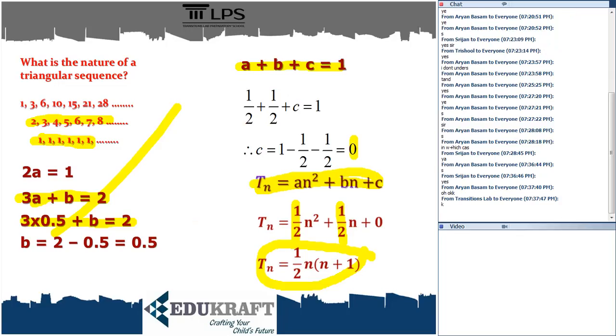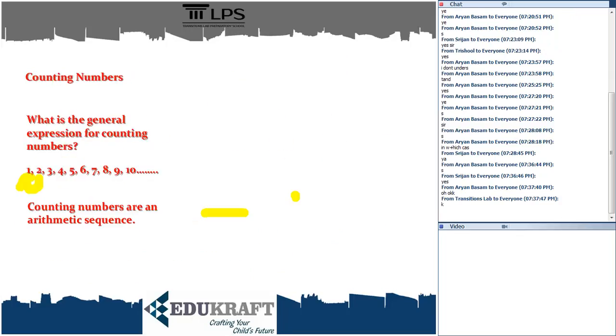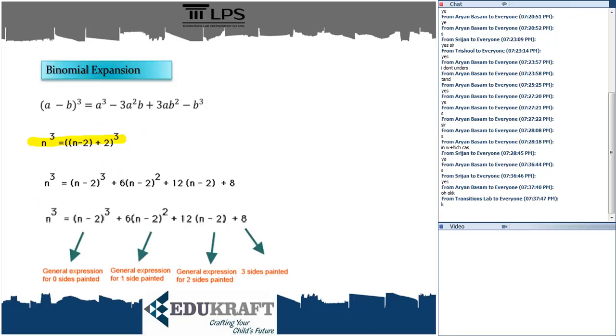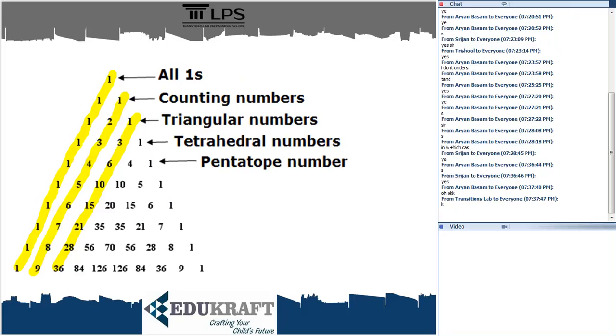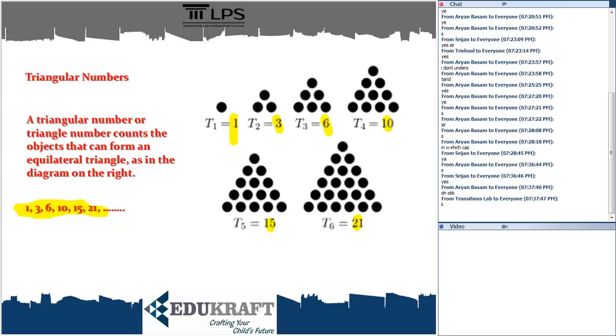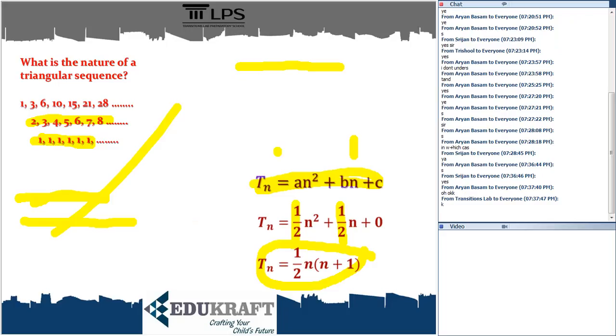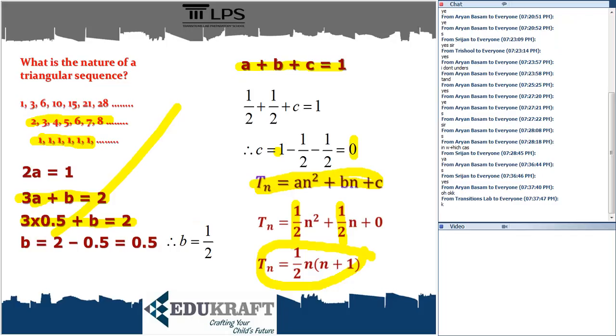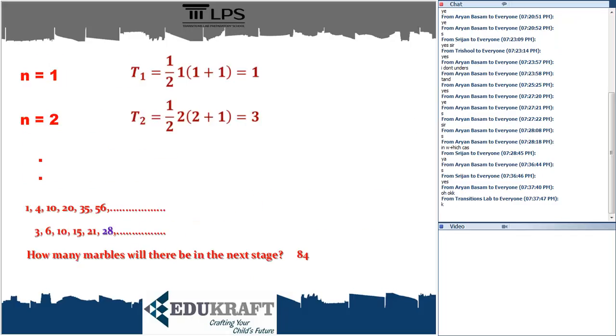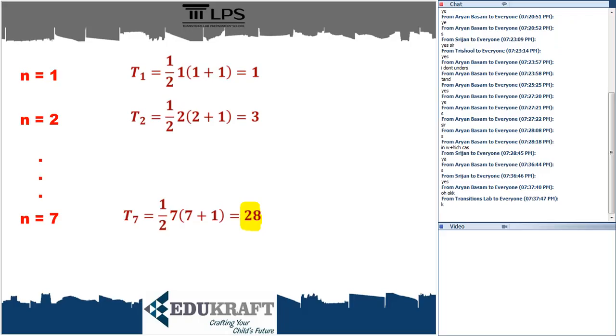If we go back again to the slide where I have shown all the triangular numbers, the first term is 1, the second term is 3, and the seventh term is 28. So the general expression for a triangular number sequence is half n into n plus 1, and I have validated the result by substituting n in the formula. So the formula works.